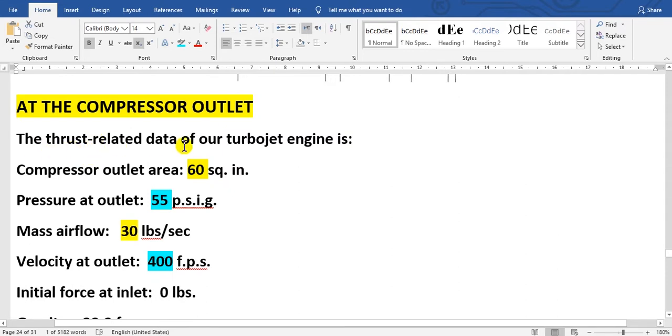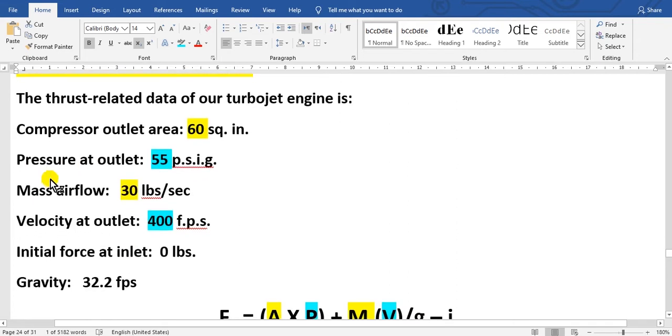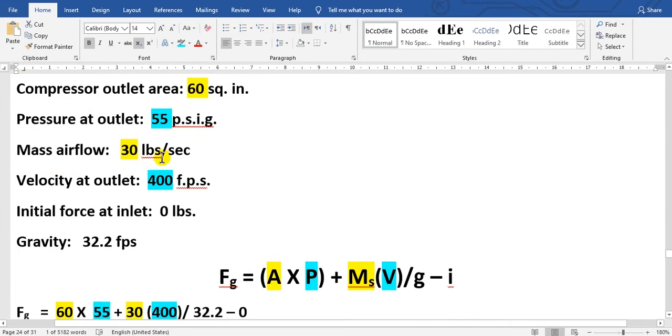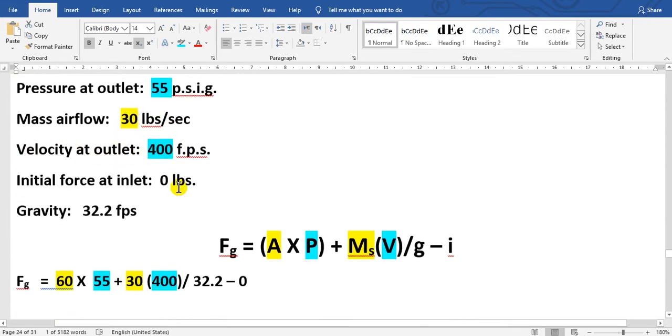The thrust-related data of a turbojet engine: the compressor outlet area here. I color each parameter to facilitate the solution: the area with yellow, the pressure with blue, the mass yellow, the outlet velocity blue.